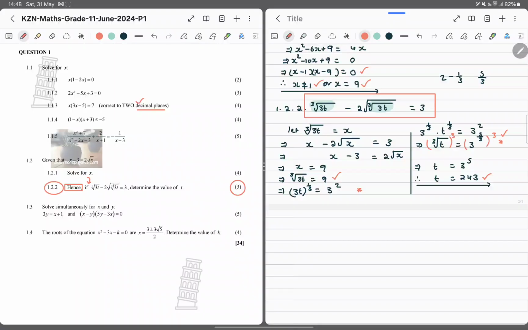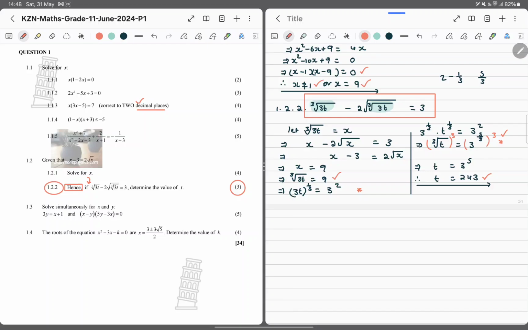Minus 2 into shift, oops. Okay, let's first take the square root. Minus 2 into the square root of a cube root of 3 into 243.